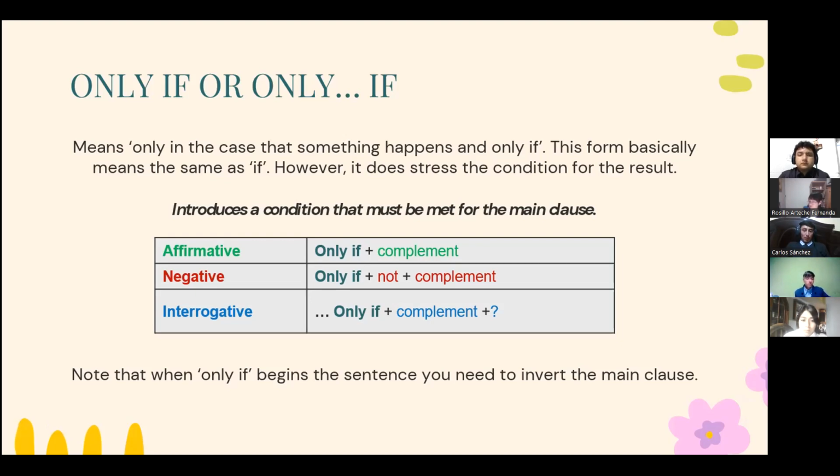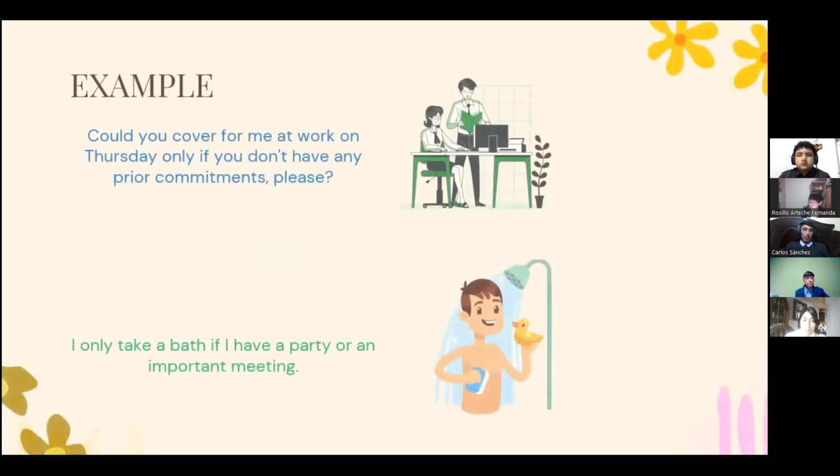In interrogative, complement plus only if plus complement plus question mark. Note that when only if begins the sentence, you need to invert the main clause. For example, could you cover for me at work on Thursday? Only if you don't have any prior commitments, please. And I only take a bath if I have a party or an important meeting.